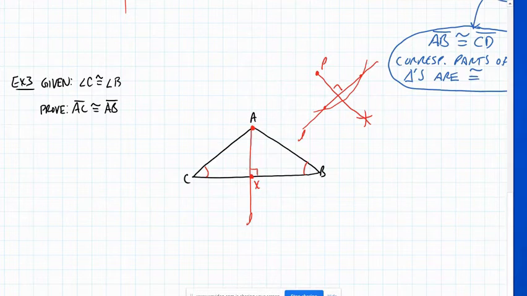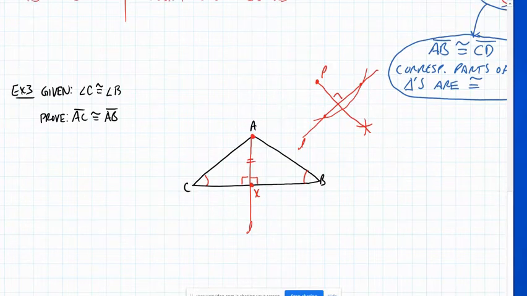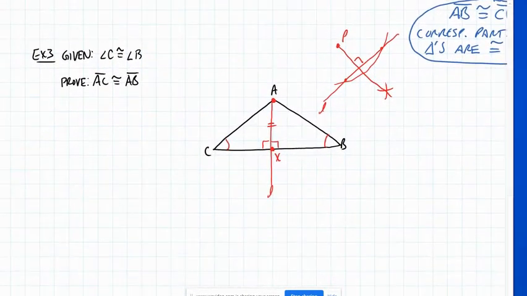Since that's a right angle, that would have to be a right angle as well. And then we have a pair of matching sides. AX is congruent to AX. And so now we have angle, angle, side, and that's enough to say that those triangles are congruent by angle, angle, side. And once we have the triangles congruent, then that means the matching parts are congruent.